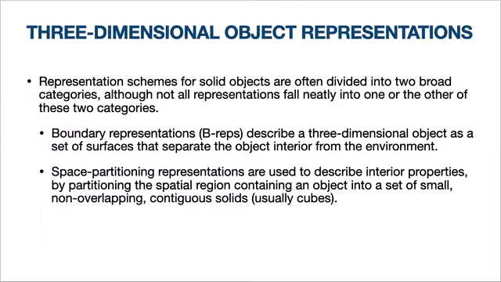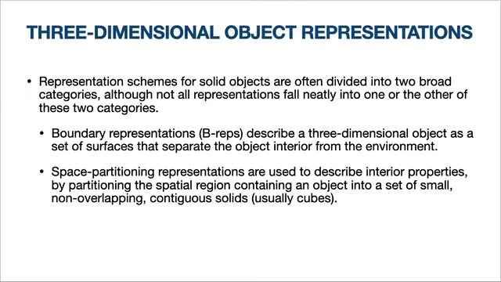If you want to display an object, it may require more than one method to display it. So to produce realistic displays of scenes, we need to use representations that accurately model object characteristics.